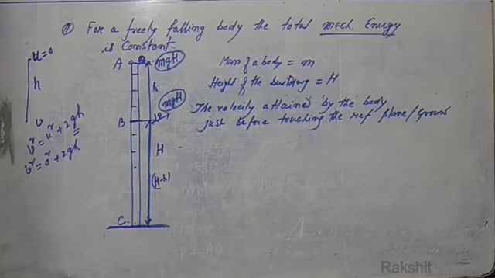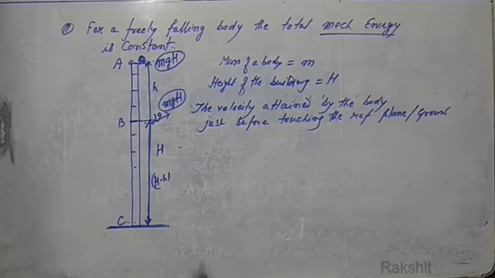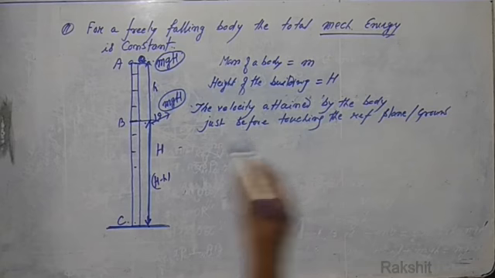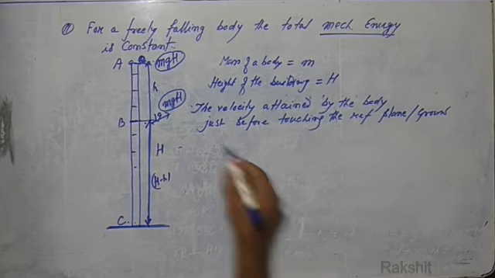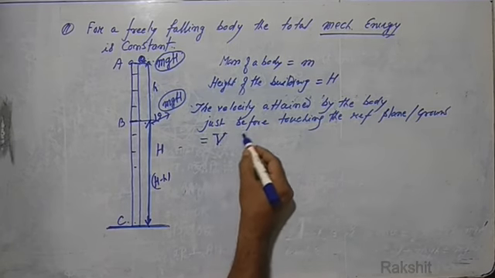So when a body falls through a distance capital H, the velocity attained by this body just before touching the reference plane is equal to capital V, say.